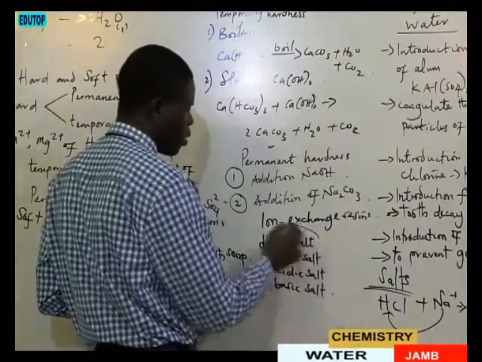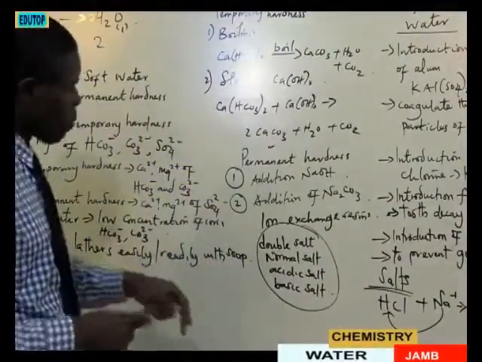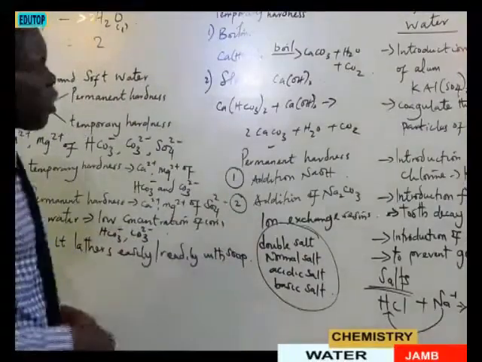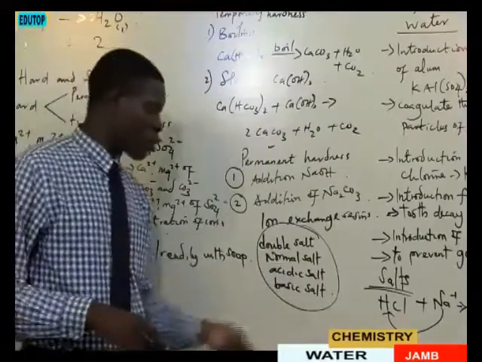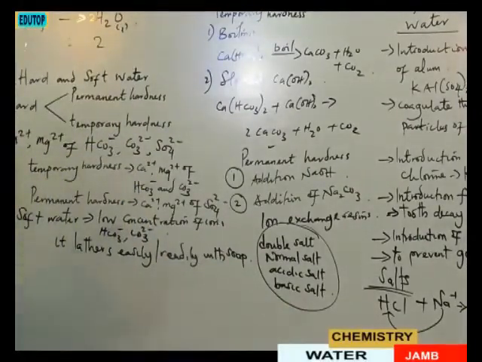Although this is not the aspect to discuss more, I just want to paraphrase this aspect, because salt is another topic or subtopic on its own. So we have double salt, normal salt, acidic salt, basic salt, complex salt, and the likes.